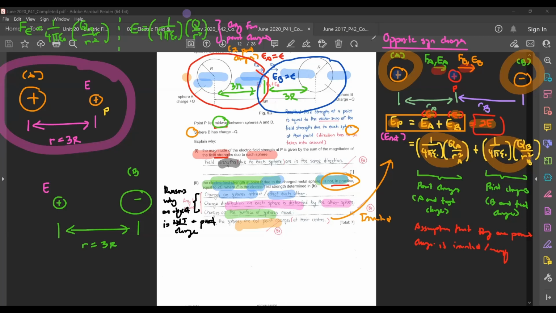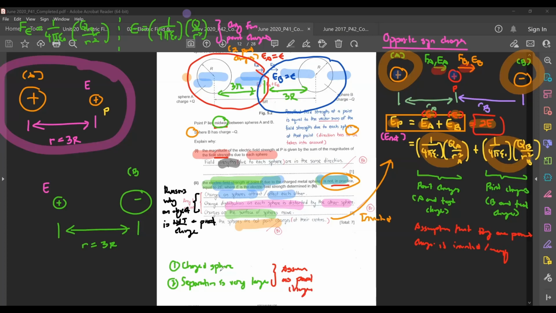In the lesson I did with you previously, I did it the other way around. I told you what you can assume as a point charge. If it's a charged sphere, or if the separation is very large, then you can assume it as a point charge.